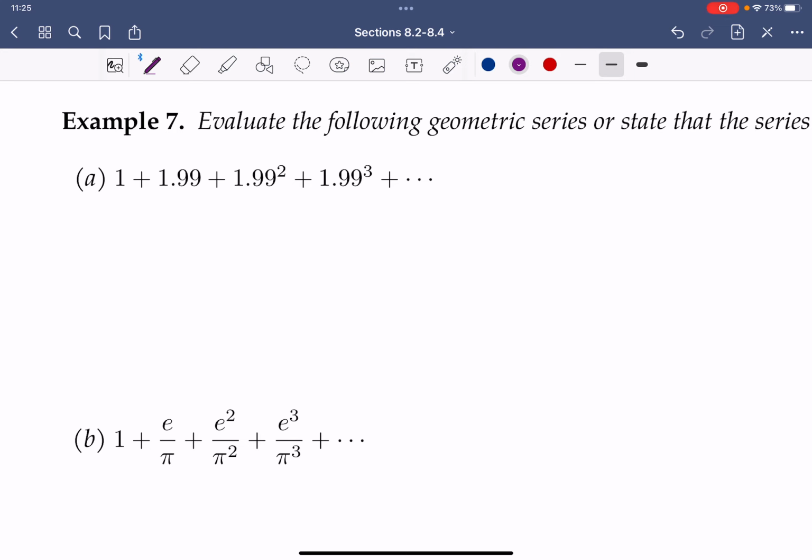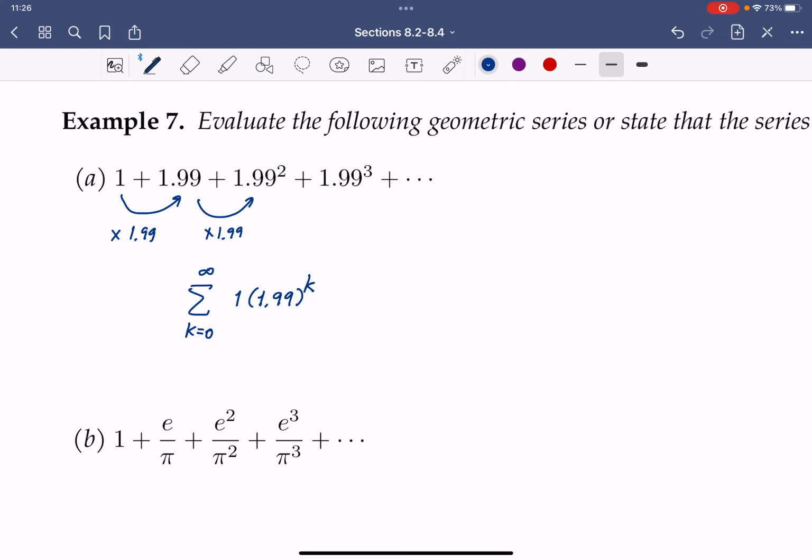Example 7, part A. They didn't give you the formula, but you can see that every time you multiply by 1.99, basically this summation is the summation of 1 times 1.99 to the k, right? Make sense? The first term is k equal to 0 to infinity. Because the first term, if you plug in k equal to 0, it is 1.